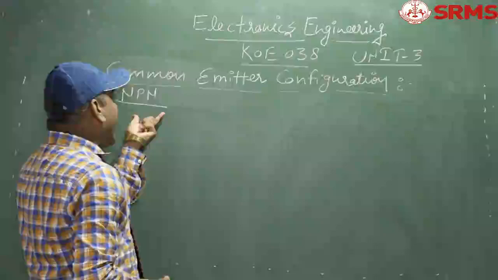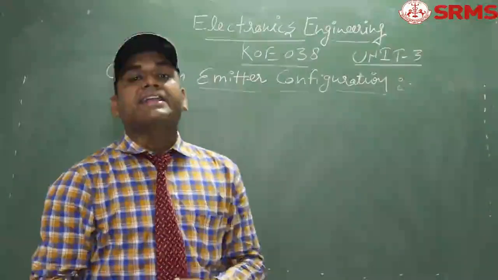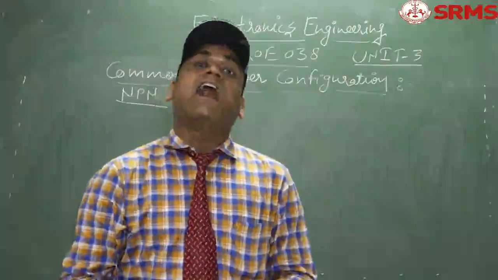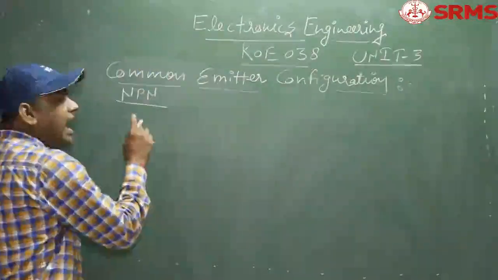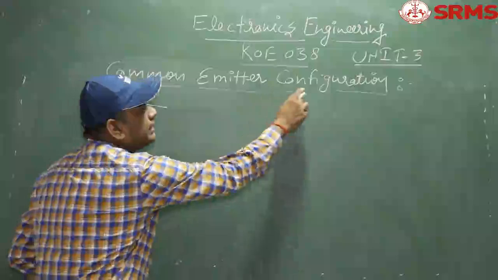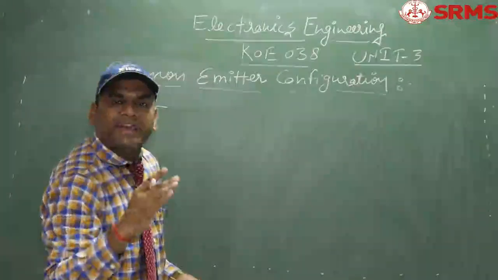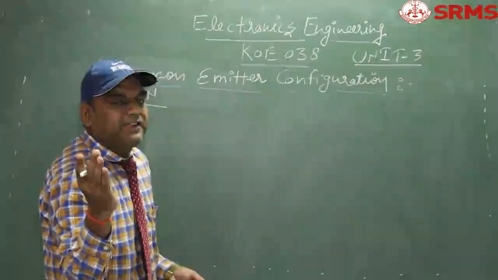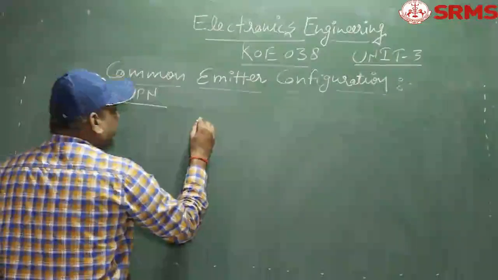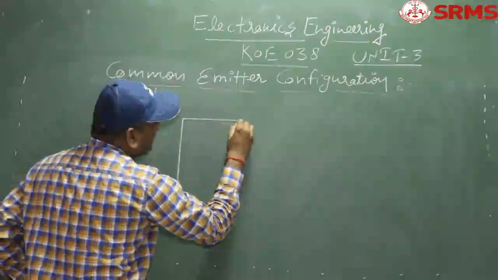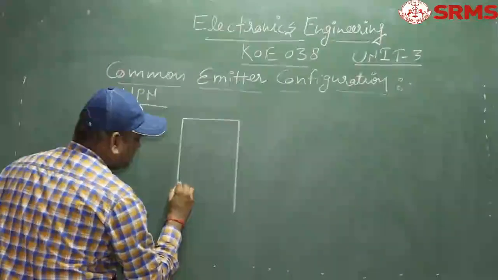The type of majority charge carriers is going to be changed. If we discuss the NPN transistor, the majority charge carriers are electrons, but for the PNP transistor, the majority charge carriers are holes. So here firstly, I will draw the common emitter configuration. That means the emitter is common for the base as well as for the collector.